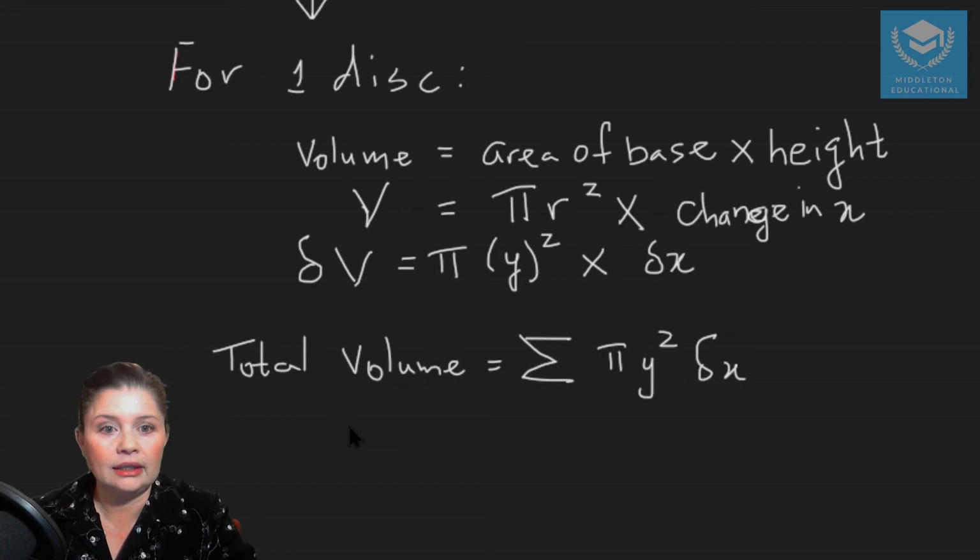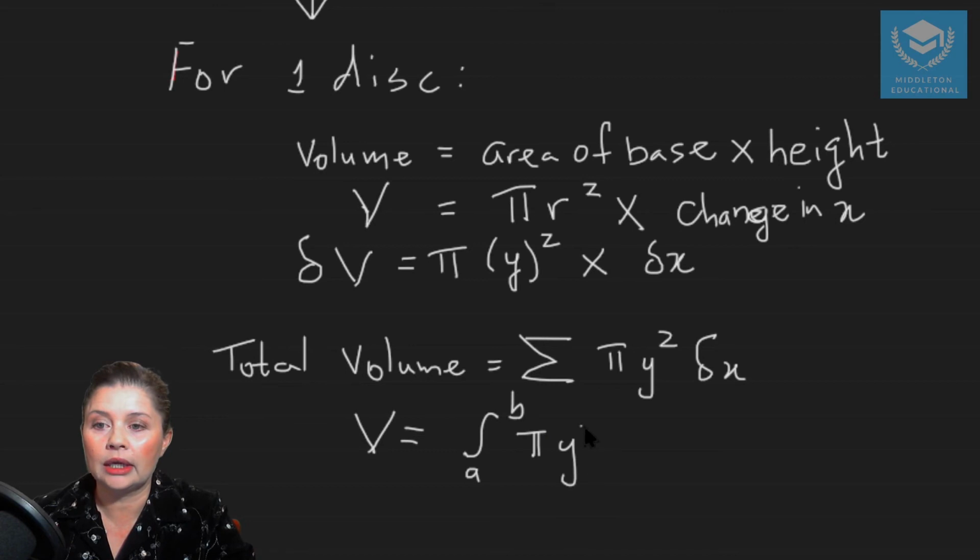So that is the same as the integral over some interval of pi y squared dx. This is the formula we use for volume, finding the integral of essentially the base times the height of those individual disks.